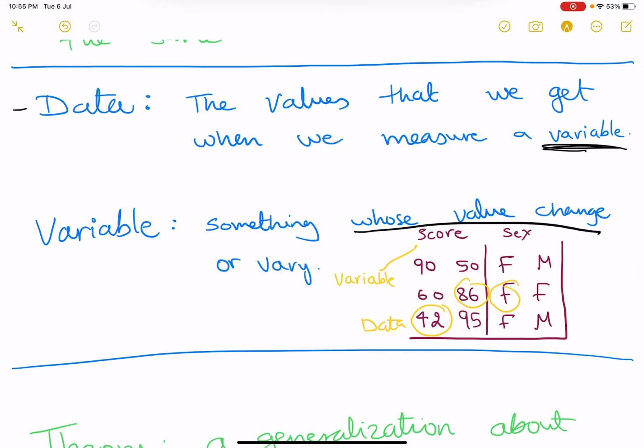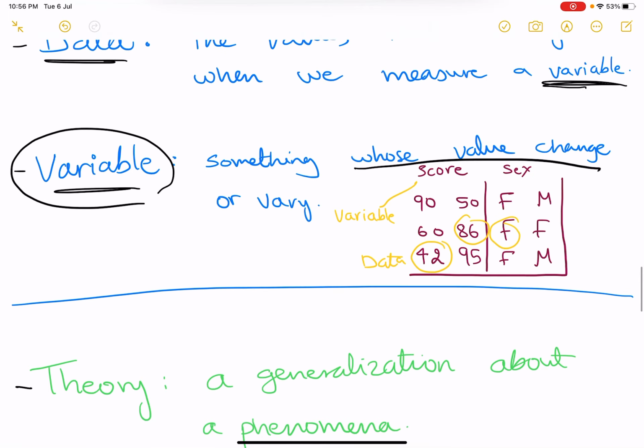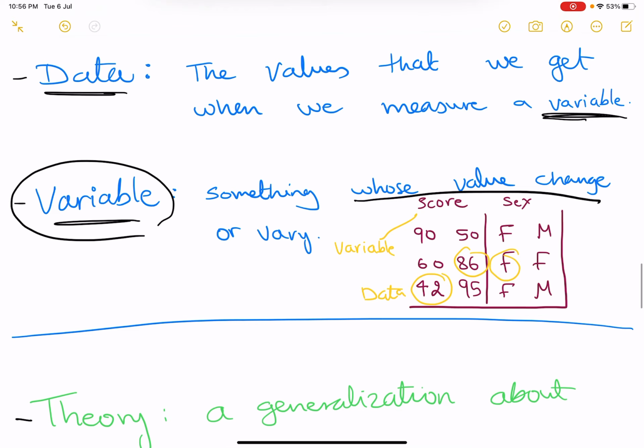Okay, now we're going to look at data and variable. Data is the values that we get when we measure a variable. And a variable is something whose value changes or varies. So here in this example, we have the score and the sex. The score can differ.